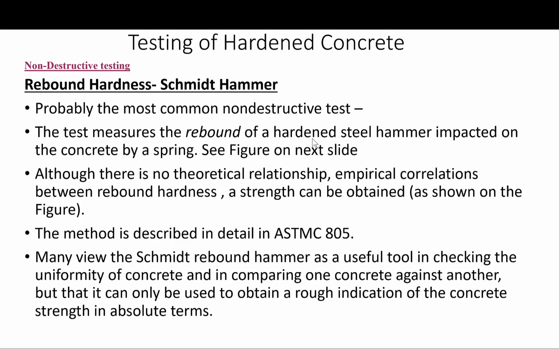The test measures the rebound of a hardened steel hammer impacted on the concrete by spring, basically. Although there is no theoretical relationship, empirical correlations between rebound hardness and strength can be obtained, as you will see on this figure here. This method is described in detail in ASTM C805, so it is worth reading.